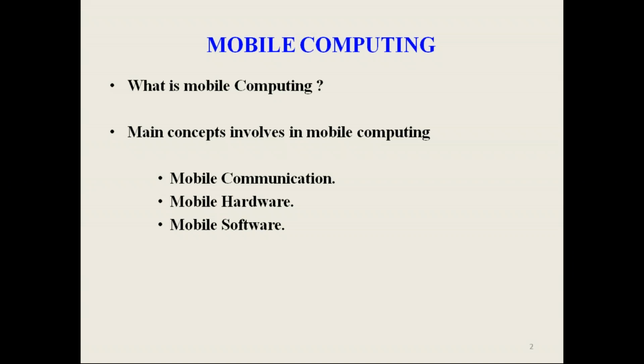Mobile software is nothing but the operating systems that you install in each and every mobile. Best examples are Apple's, Motorola's. So different software will be there. Along with the software, some applications will be installed.